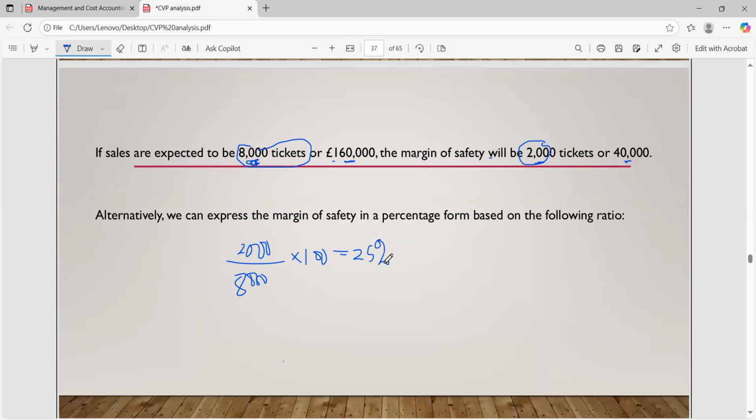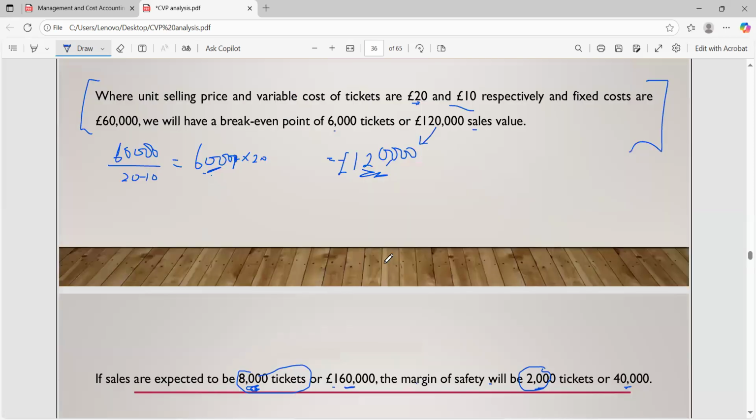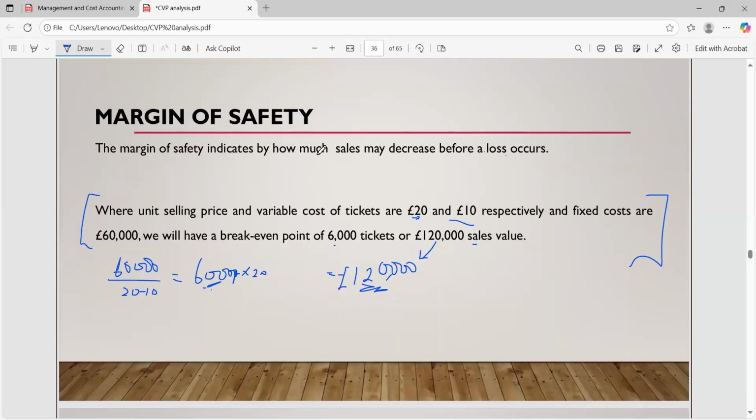So margin of safety can be in terms of percentage and can be in terms of value. And it is also referred to as by how much sales may decrease before a loss occurs. Okay.